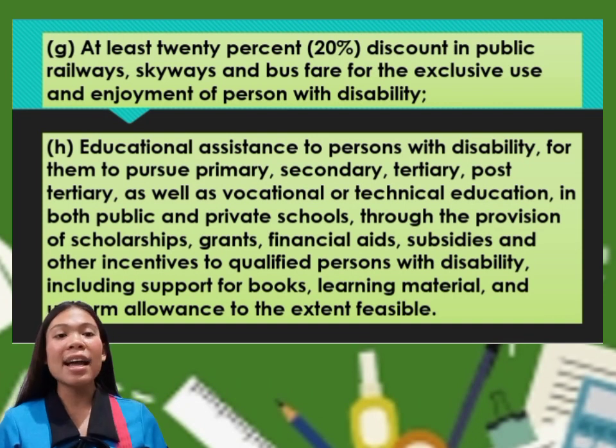educational assistance to persons with disability for them to pursue primary, secondary, tertiary, post-tertiary, as well as vocational or technical education in both public and private schools through the provision of scholarships, grants, financial aids, subsidies, and other incentives to qualified persons with disability, including support for books, learning material, and uniform allowance to the extent feasible.